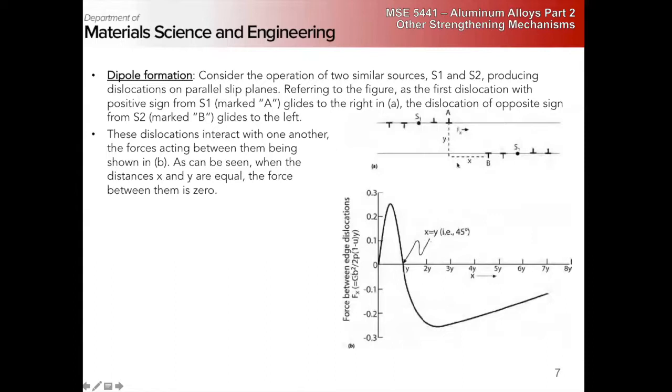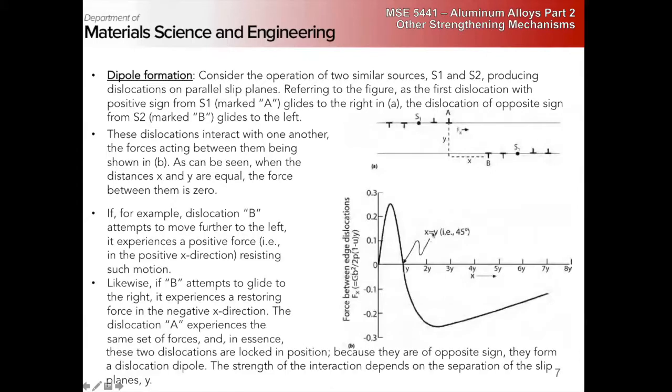And eventually, if I drive it so it passes the source, now I've got same sign dislocation, so I have a different interaction there. Has everyone heard the term dislocation dipole? Well, if you haven't, that's what it means. We've got dislocations of opposite signs on different slip planes in an energetically stable configuration.